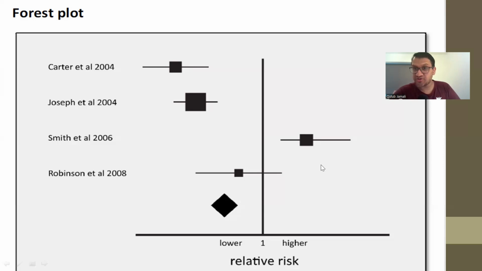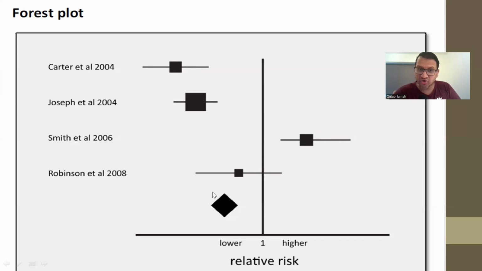In the risk factor, where it shows there is a higher risk, you can see the sample size here. It is smaller. It is similar to the one here, but there is one study on the left where they had a bigger sample size. So that is something which is significant.